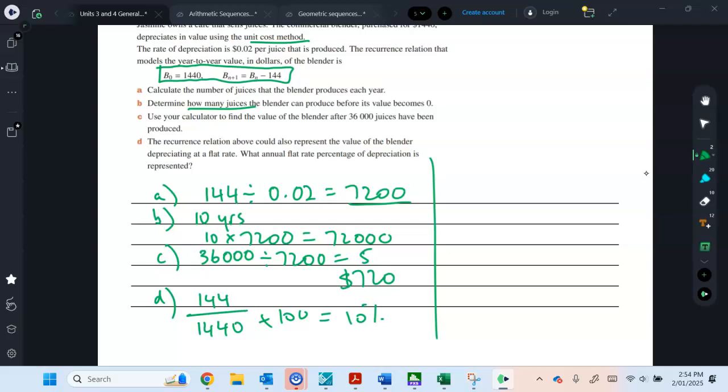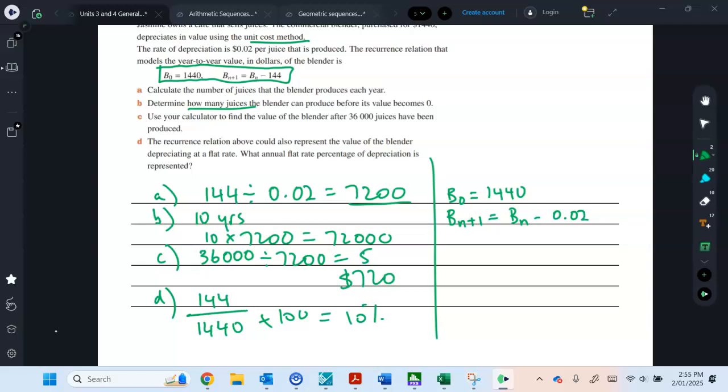Now, I'm going to look at this in terms of unit cost. Actually, I'm just trying to think. I was just thinking then, probably put it in this form, because if we wrote it as a recurrence relation, so B0, that's our initial amount, Bn plus 1 equals Bn minus 0.02.